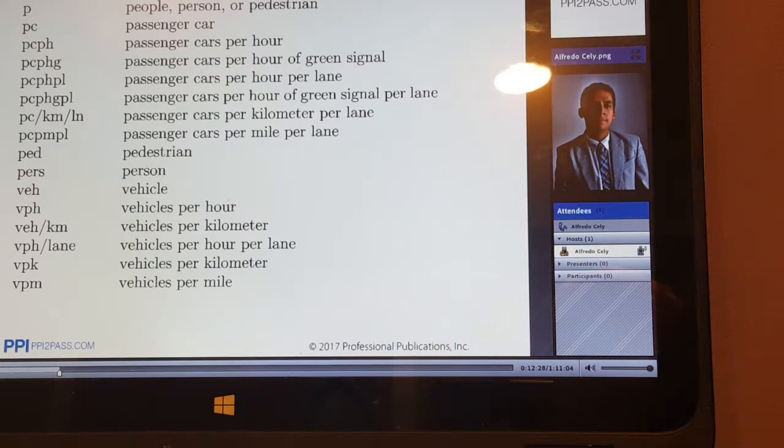You may want to tab this table for this specific reason because you may be asked to find one over the other. And to be frank, even folks that use these values day-to-day when analyzing traffic flow find it a little bit tough to keep track of the different abbreviations. So it's good to have this table tabbed as a resource that you can use during the PE exam.